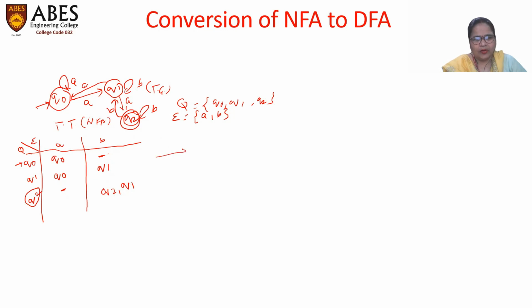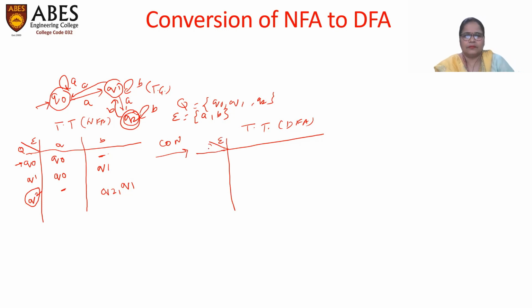And now we are going to convert it into a table for a DFA. Okay, so start. Only take the initial symbol inputs. Draw Q0 here.